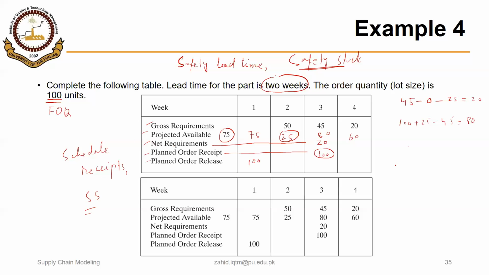So net requirements then will become gross requirements minus scheduled receipts minus projected available. So far we were not considering scheduled receipts. Thank you.